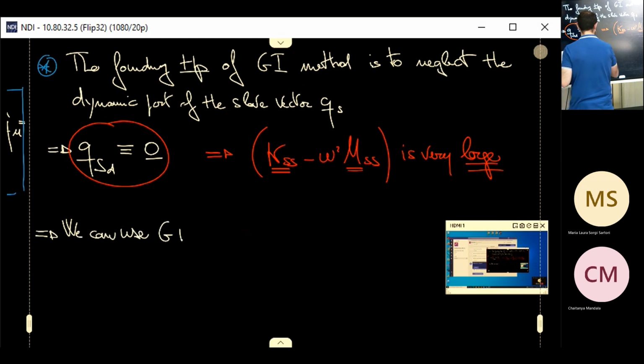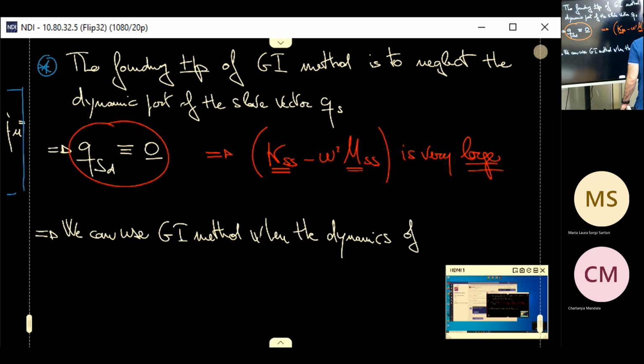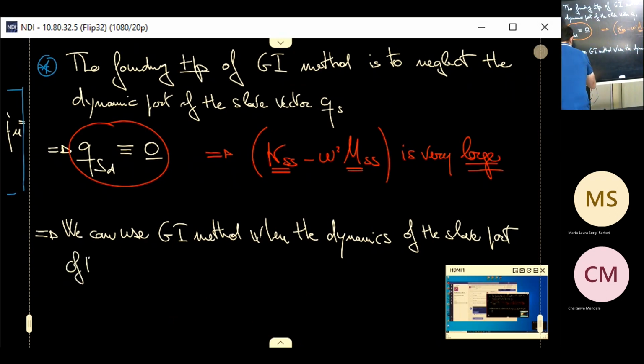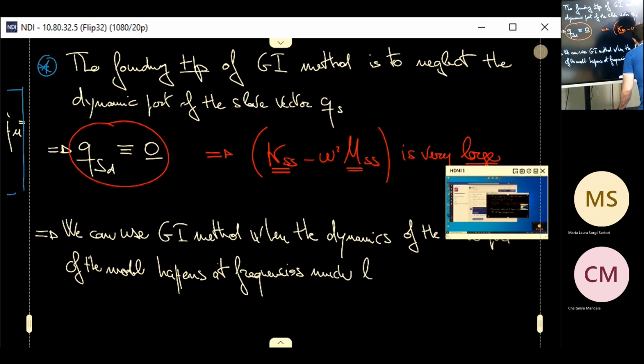You can use the Guyan-Irons method when the dynamics of the slave part of the model take place at frequencies much larger than the bandwidth, the frequency bandwidth of interest.